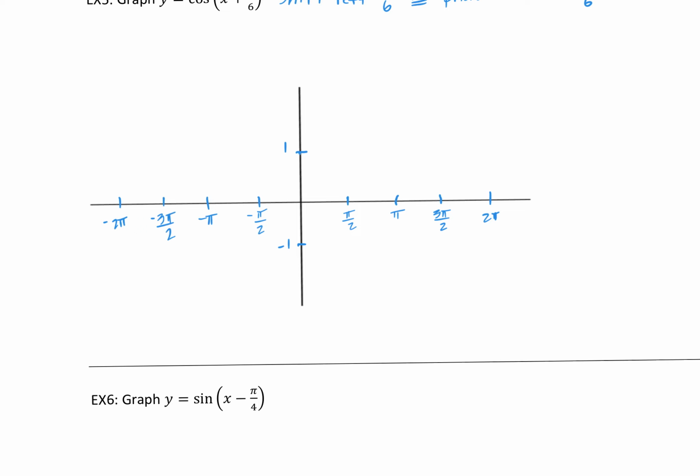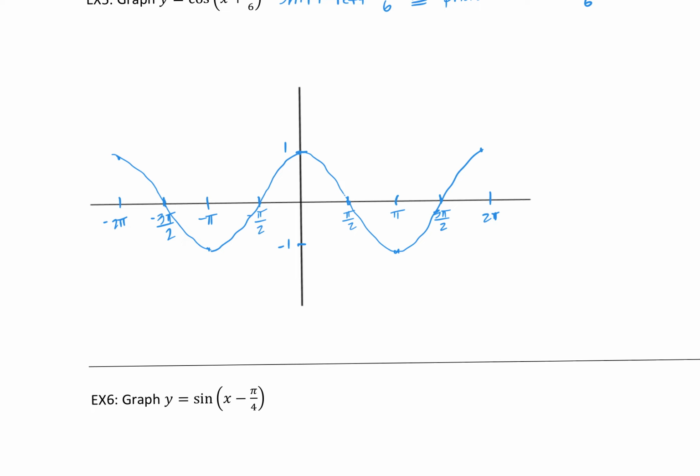Cosine, we start at 1, 0, negative 1, 0, 1. Maybe I should have done it with dashed, but that's okay. And then we come down the other way. So here we have our normal cosine function.